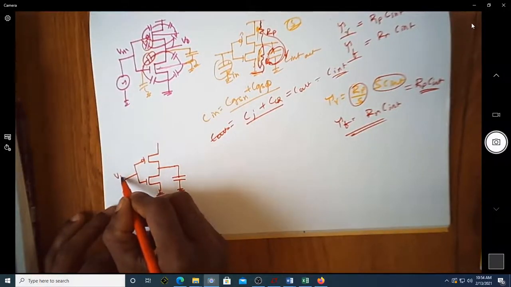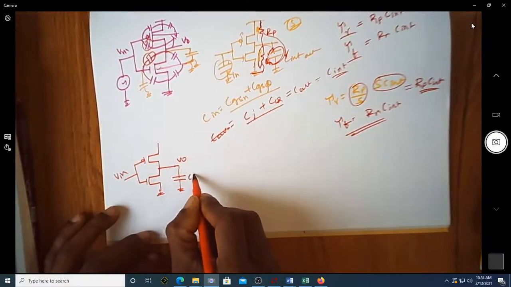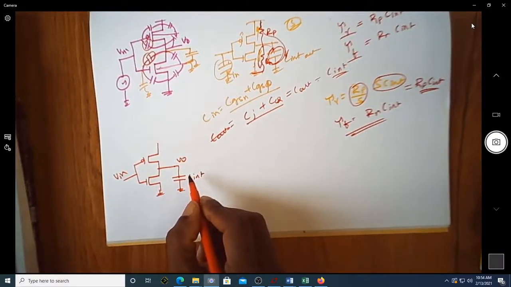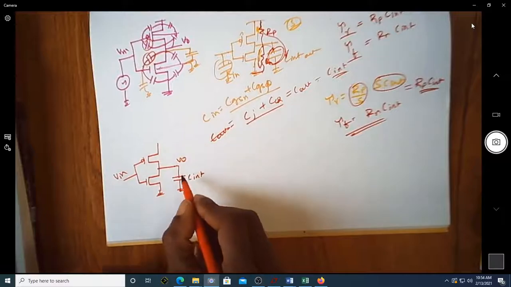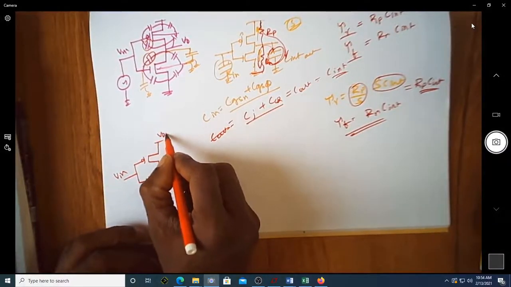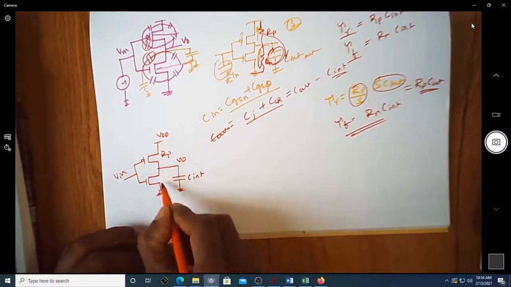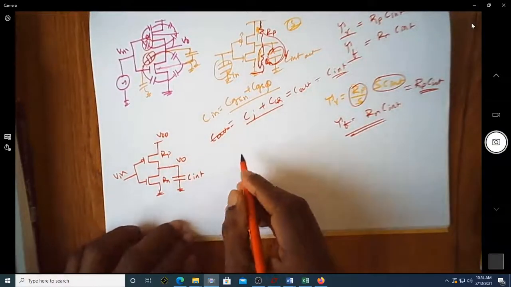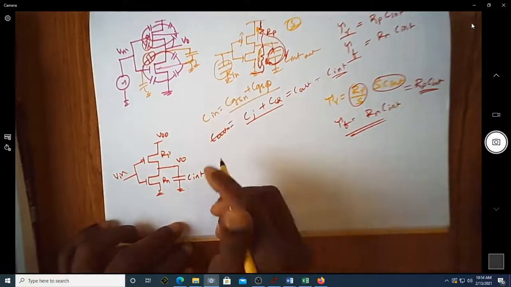So under no load condition, this is my C intrinsic. This is not an external capacitance. This is the capacitance offered by these MOSFETs. This is VDD. This we will call Rp. This is my Rn. So let us consider the rise time of it.